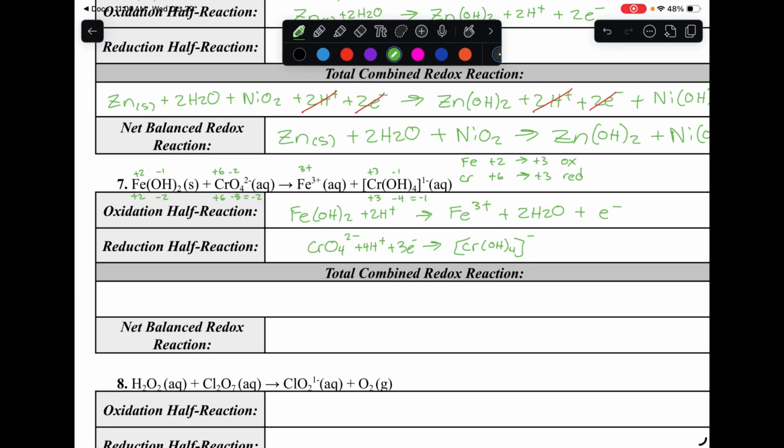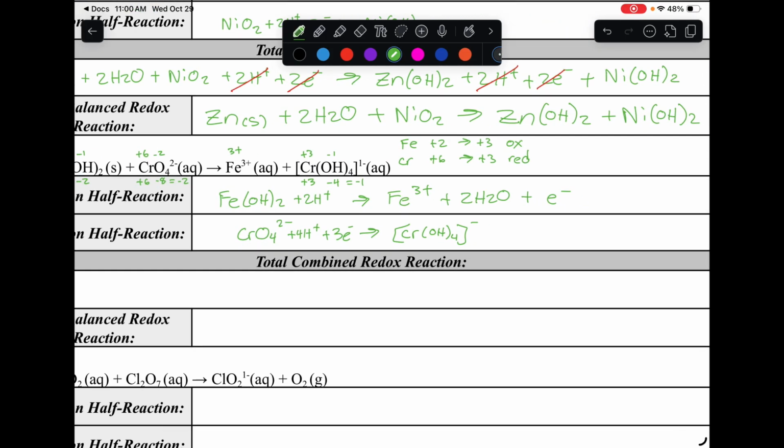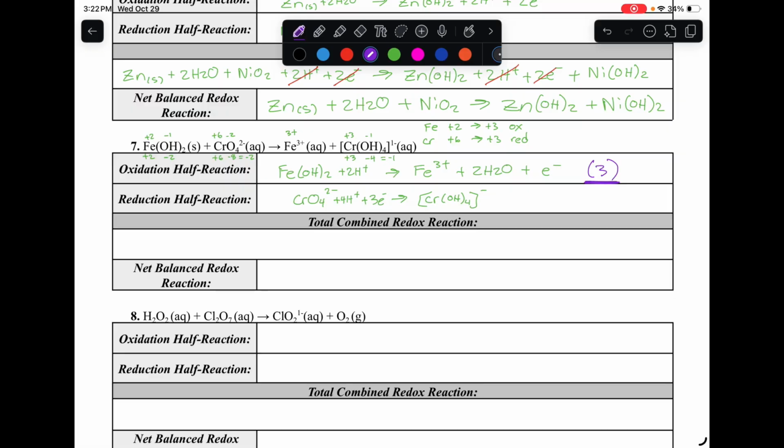All right, that means we need to multiply this oxidation half by 3 so that our electrons can cancel. All right, so we have 3 Fe(OH)2 plus 6 H+. And then from the reduction half, we have CrO4 2- plus 4 more H+, and those will combine later on.